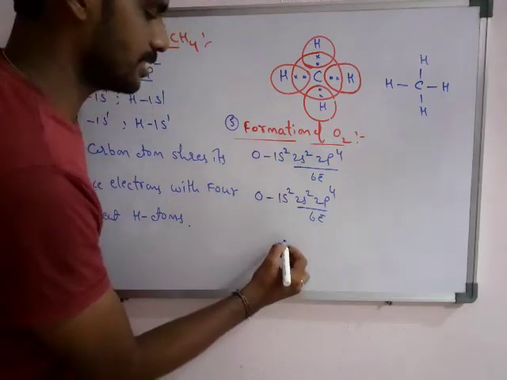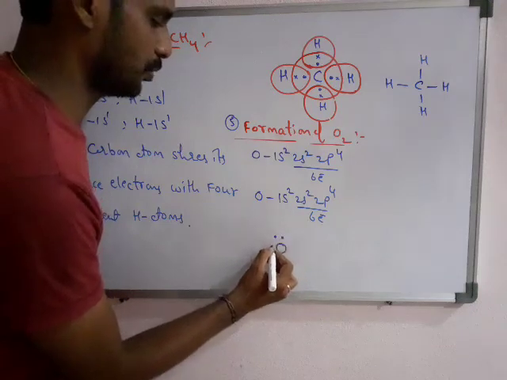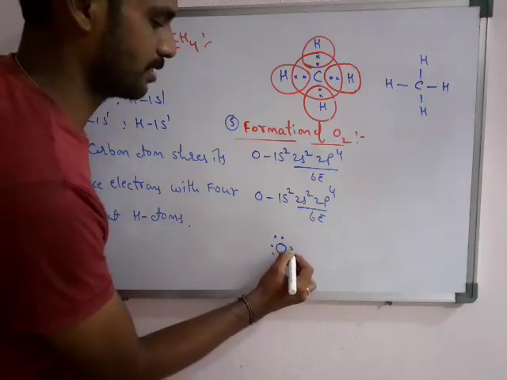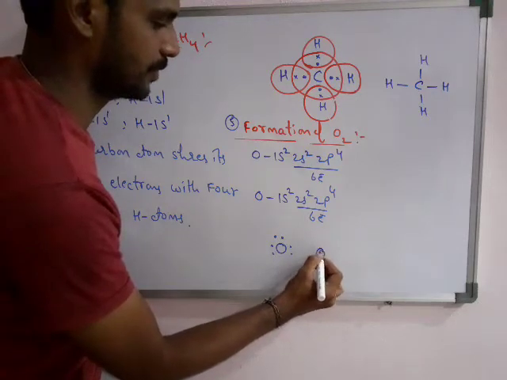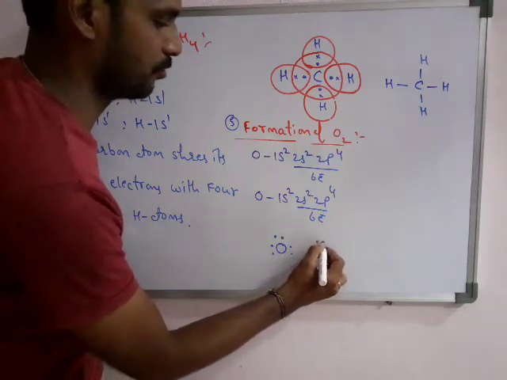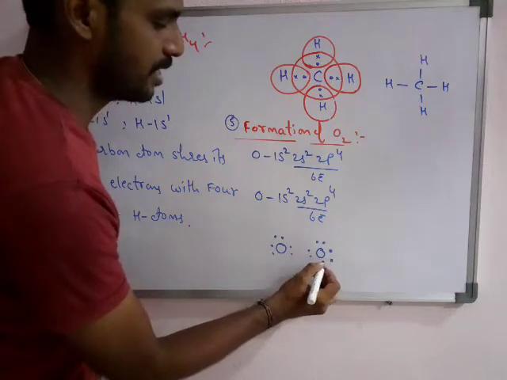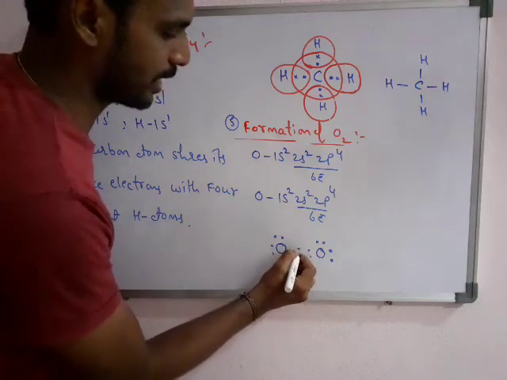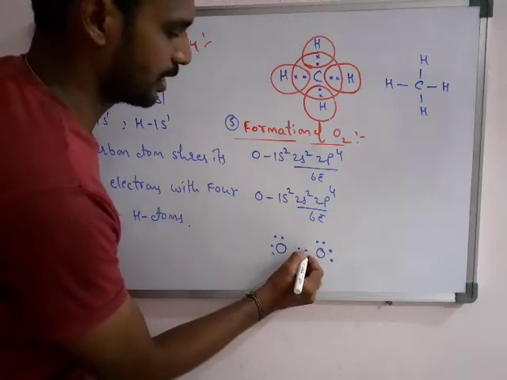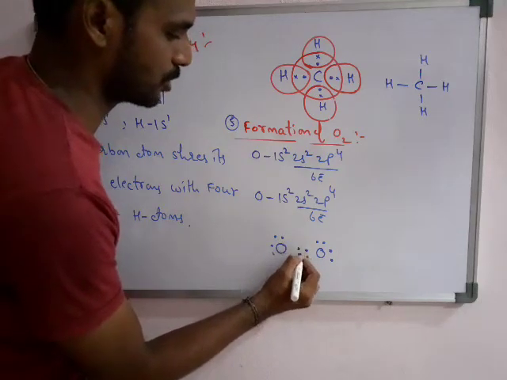Oxygen has 6 electrons: 1 2 3 4 5 6. The other oxygen: 1 2 3 4 5 6. It needs 2 electrons, it needs 2 electrons. It provides 2 electrons to the other, and the other also provides 2 electrons to it.